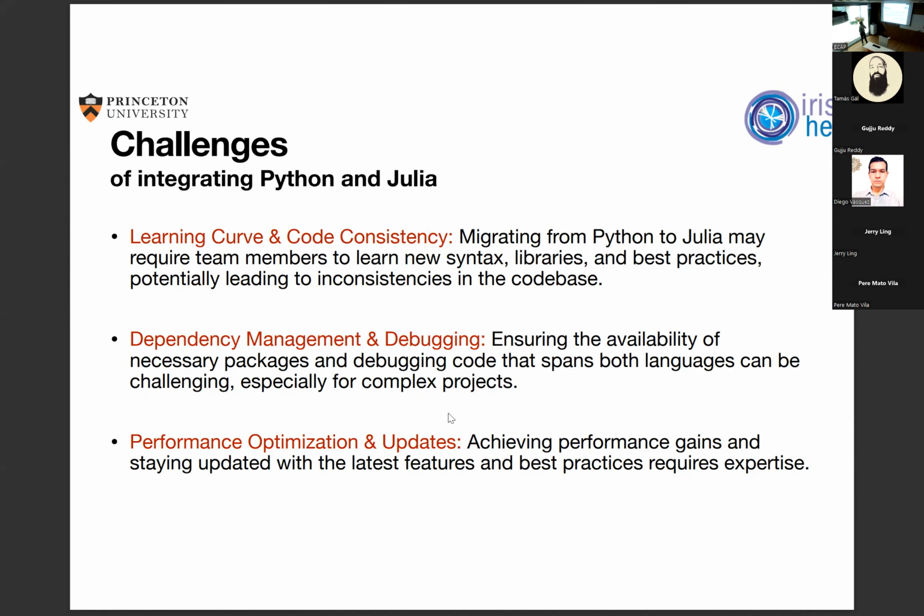I was looking at the challenges of integrating Python and Julia, and I was thinking about the learning curve and code consistency. Apart from learning the new syntax, which is quite easy, there are new libraries, a lot of them, and how to choose the best ones and teach the best practices, because potentially we can end up with inconsistencies in the code base.